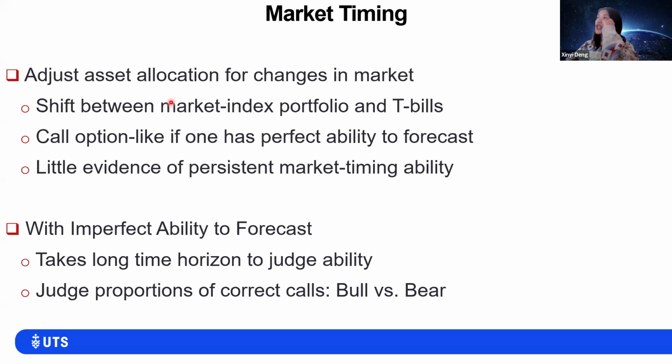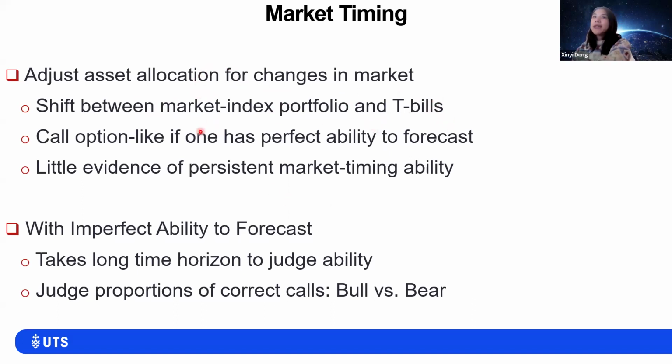What is the definition for market timing? The market timing ability is the ability to adjust asset allocation for changes in the market. We actually might be able to calculate the value of market timing.